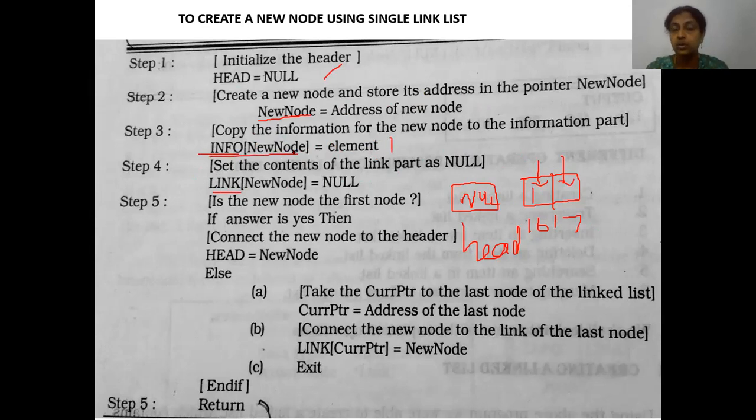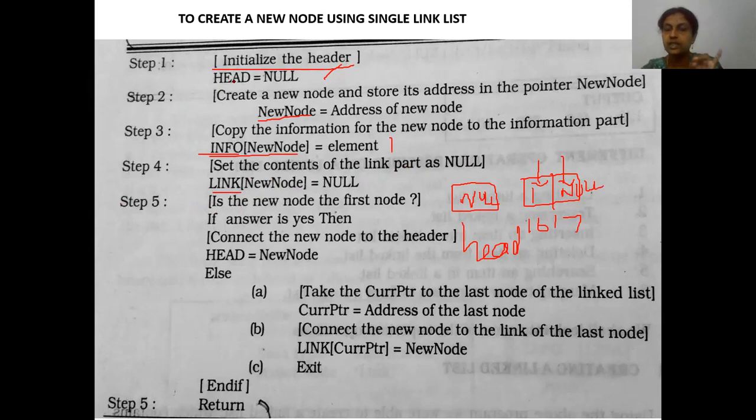The third step is done. Then in the fourth step, what we are doing: address of the link part of new node. Usually it is the address part. So we are making it null. Till here done. And the first four steps: head equals null. But you need to write these explanations also when you write this algorithm, not only the steps.